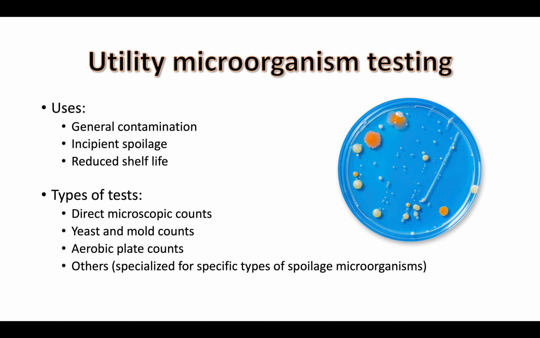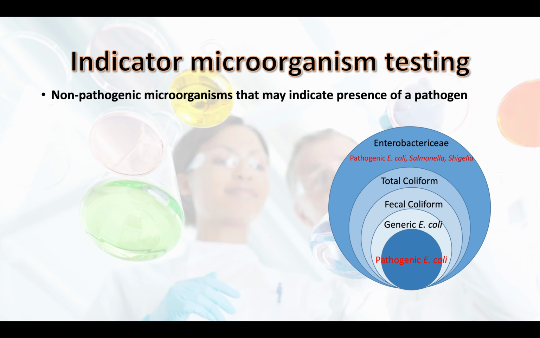While not directly detecting for the presence of a pathogen, high utility microorganism levels suggest conditions are favorable for microbial growth or survival, leading to an increased risk for pathogens to be present. Many quality assurance programs also include testing for one or more indicator organisms.